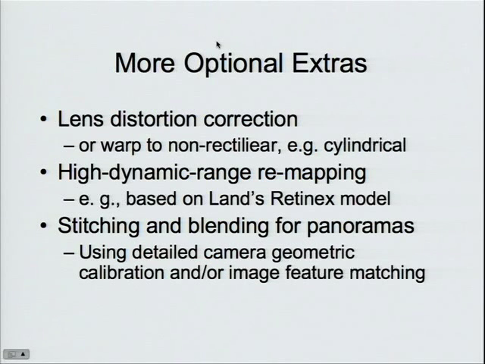There are also the high dynamic range remapping steps. Some of these are based on Edwin Land's Retinex model of perception, where he has a particular way of preserving local contrast while doing adaptation in a way that has the right kind of long-range correlations and so on. That's one approach people often use to designing these algorithms. It works pretty well.